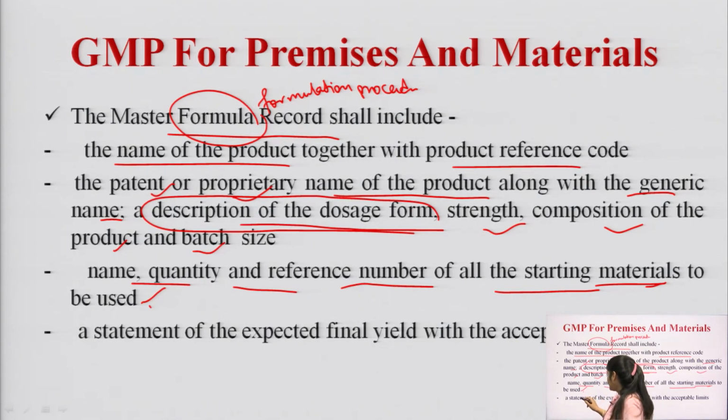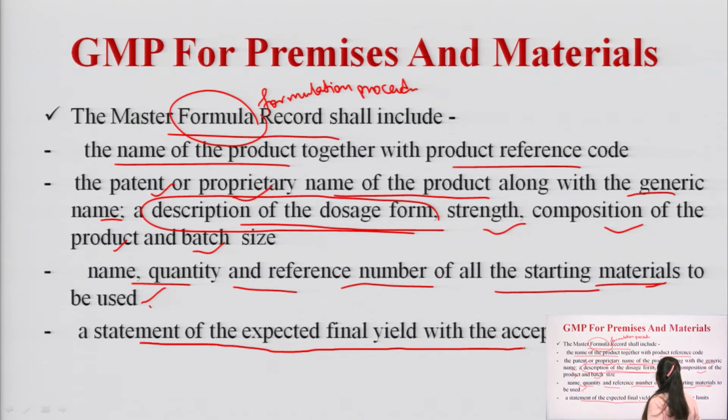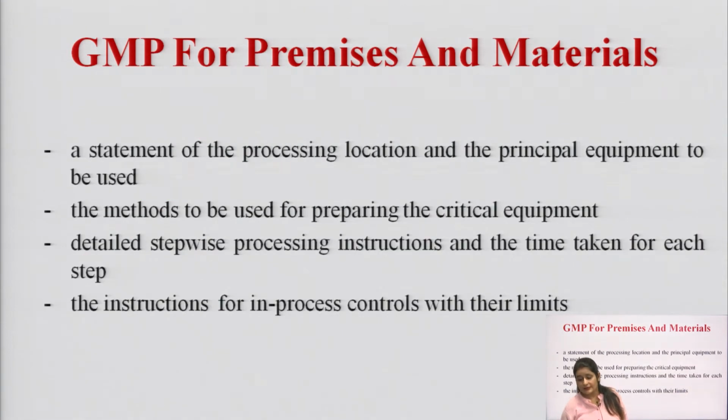Whatever material is going to be used, a statement of expected final yield with acceptable limit should also be mentioned over there.